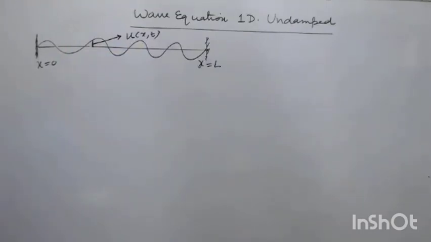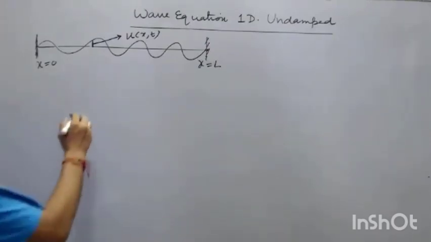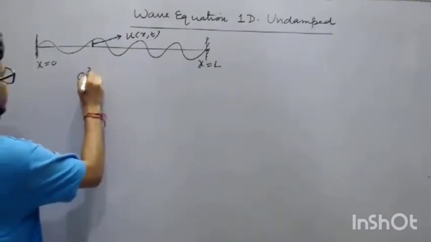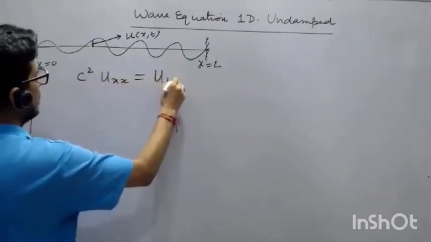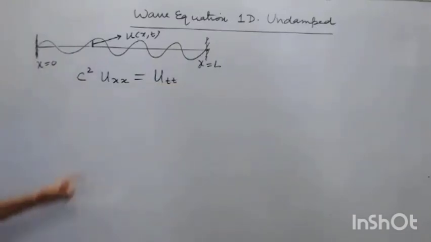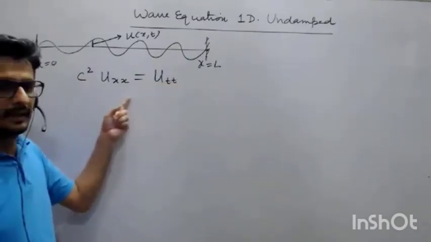So now what is the equation governing this displacement? The equation governing this displacement is a wave equation that we are going to solve, correct? So what is that wave equation? That is c square u_xx is equal to u_tt, where the symbols have usual meaning.